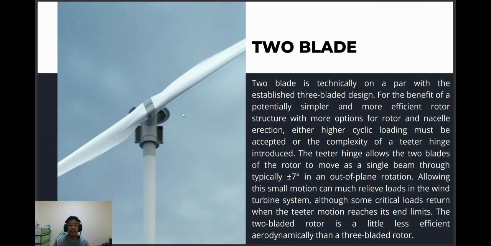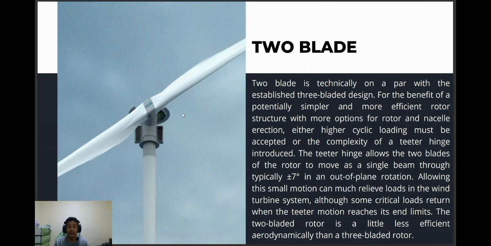2 blade is technically on a par with the established 3-bladed design. So, for the benefit of a potential simpler and more efficient rotor structure with more option for rotor and nacelle erection, either higher cyclic loading must be accepted or the complexity of a teeter hinge introduced.